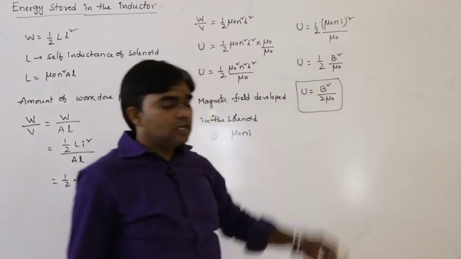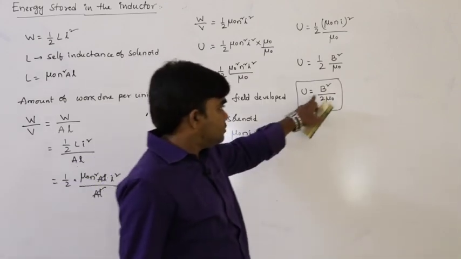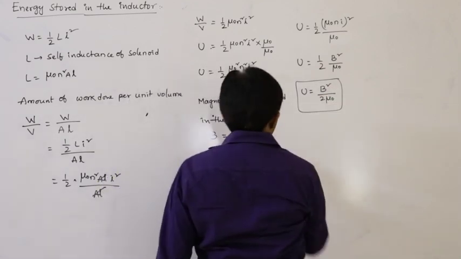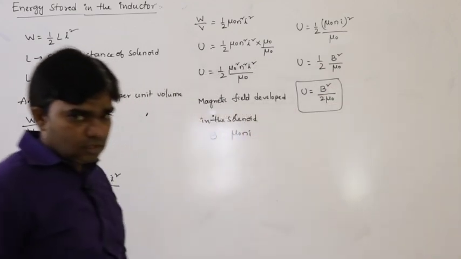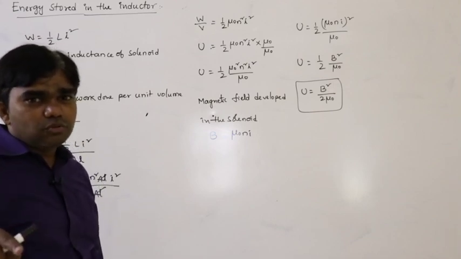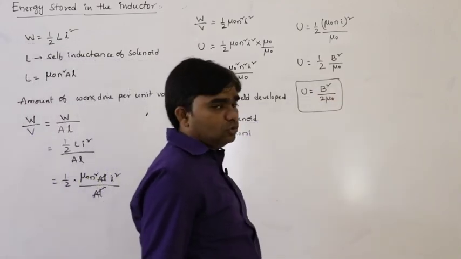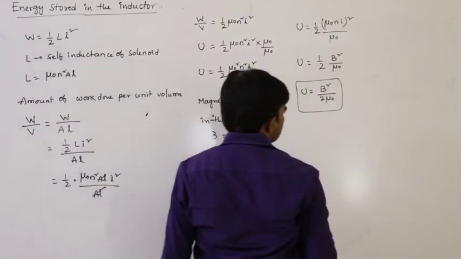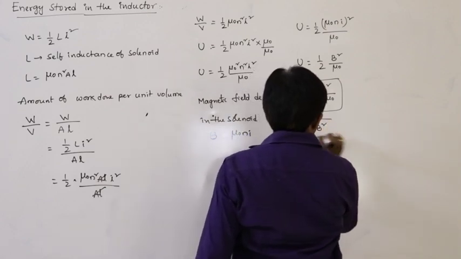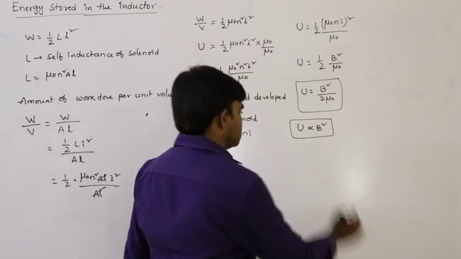Previously, in the first point, we wrote the same: we have to do a certain amount of work, and that work done is stored as magnetic energy in the solenoid. So this is U is equal to B square by 2 mu naught. U is proportional to B square, the same as the energy density in electrostatics.